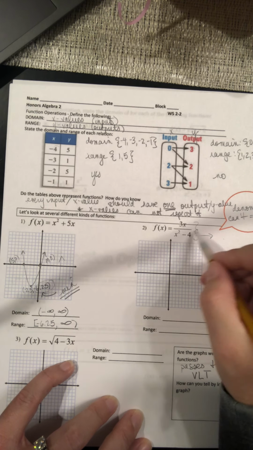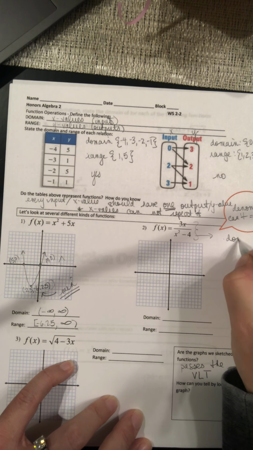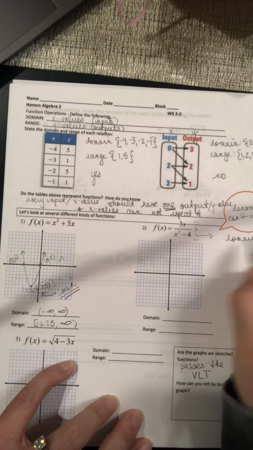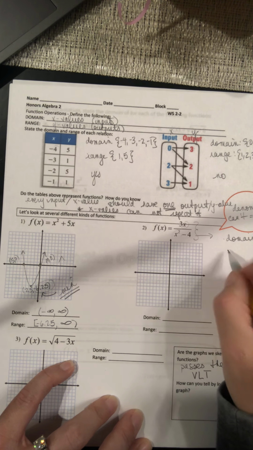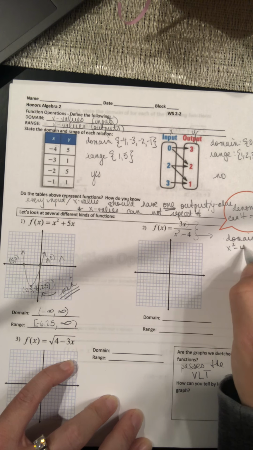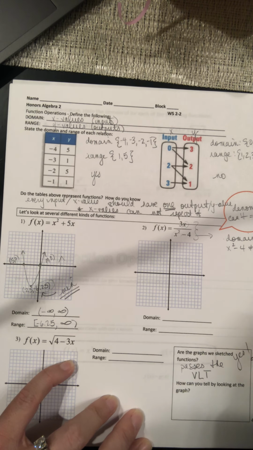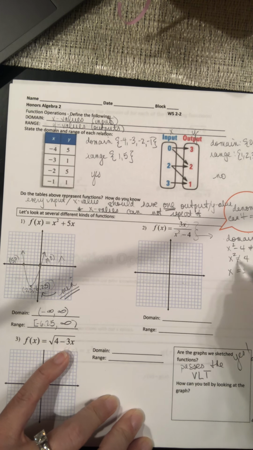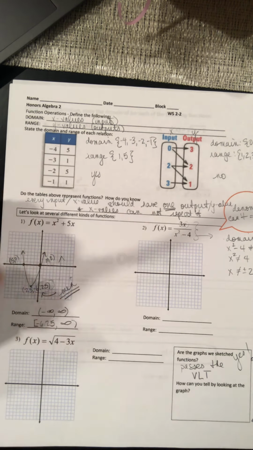So here, for your domain, domain being x values, we know that x squared minus 4 cannot equal 0. We know that algebraically. Well, it's going to happen graphically too. So if I do this, x squared equals 4, x equals plus or minus 2. X cannot be plus or minus 2.